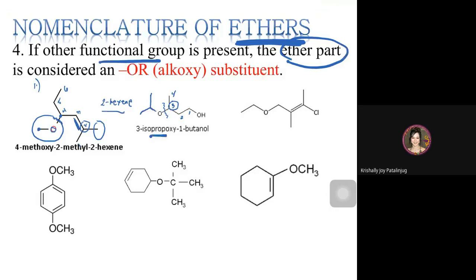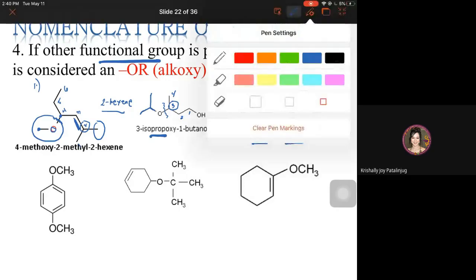Okay, next. Another alkene compound. This is carbon 1, 2, 3, and 4. At carbon 4 there is ethoxy, at carbon 2 chloro, and at carbon 3 methyl. So the name is 3-chloro, alphabetical, 1-ethoxy, 2-methyl, 2-butene as the parent. Okay, next.